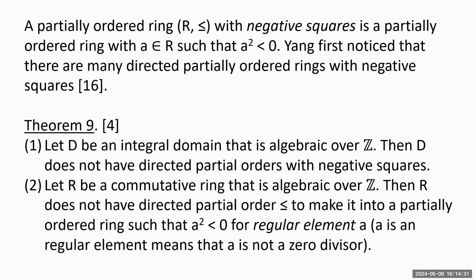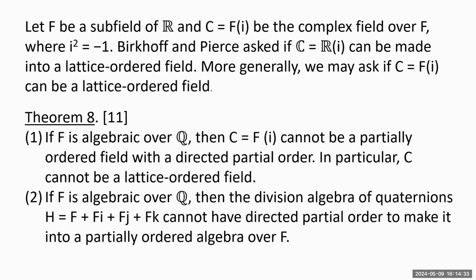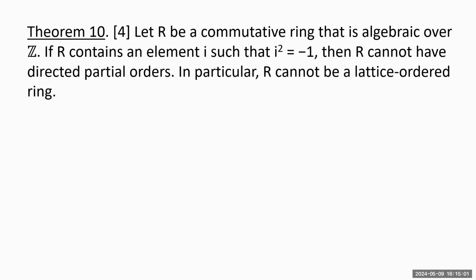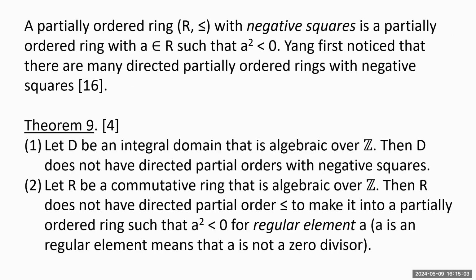For example, for C, as I mentioned before, because it's not algebraic over Q, it has directed partial orders. But that directed partial order also has i positive, because when it's positive, then we know i squared will be negative, less than 0. We have many such rings.